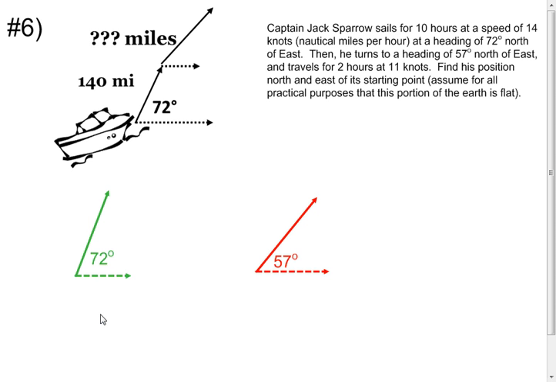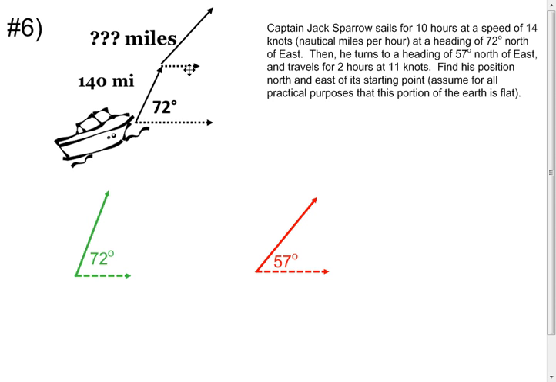Okay, so I have a drawing of the boat up here showing you a few pieces of information. I got the 140 miles by taking 10 hours at 14 nautical miles per hour. So he traveled 140 nautical miles, because every hour was 14 miles, and 14 times 10 is 140.